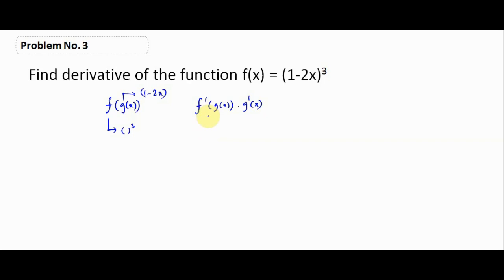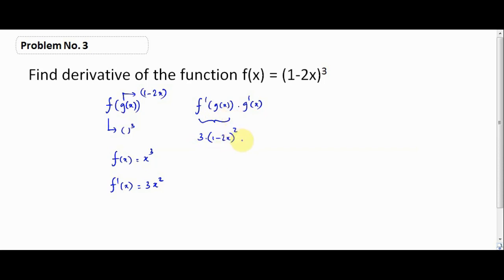Now we know that if f of x is equal to x cube, then the derivative f dash of x will be 3 into x raised to 3 minus 1, that is 2. So in this case f dash of g of x will be 3 into 1 minus 2x whole square.